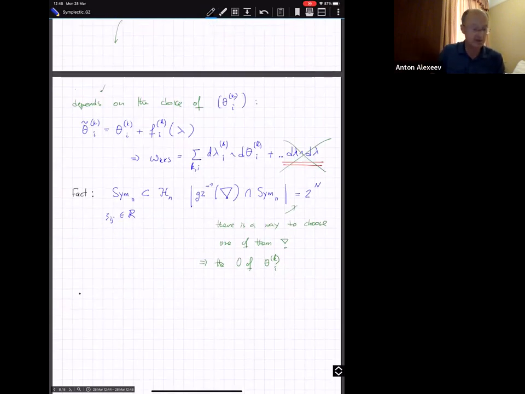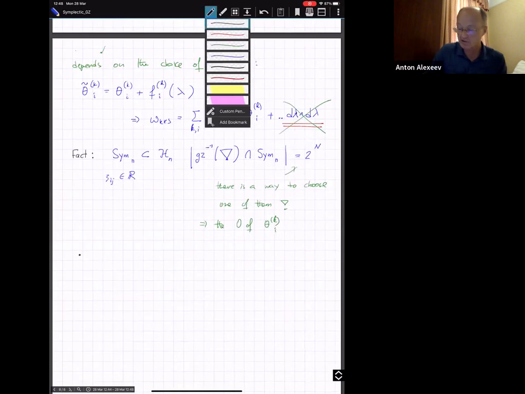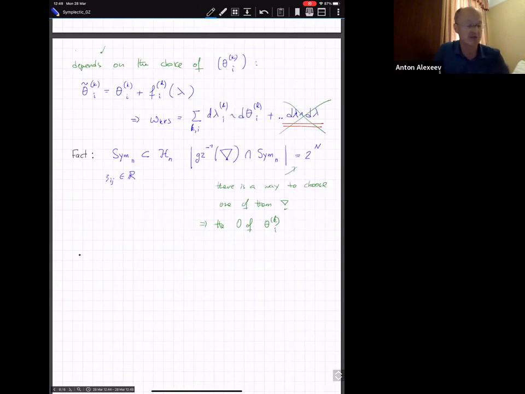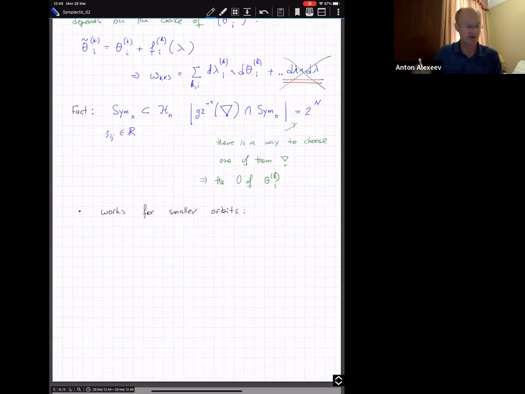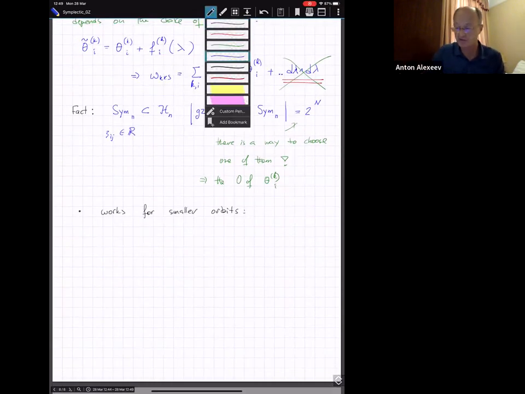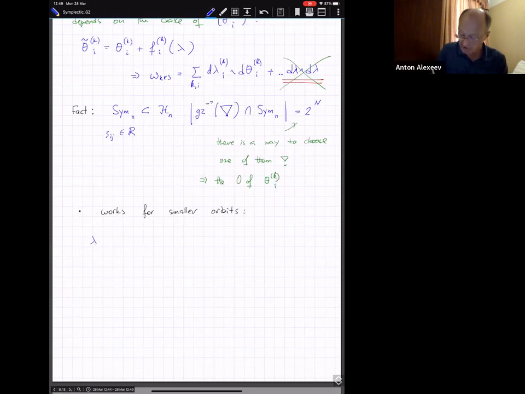Okay, so maybe that was one remark. The other remark: this Gelfand-Zetlin story, I presented it for orbits where all the eigenvalues are different, but it also works for smaller orbits. Let me give you an example. Suppose we take the tableau where two eigenvalues coincide.